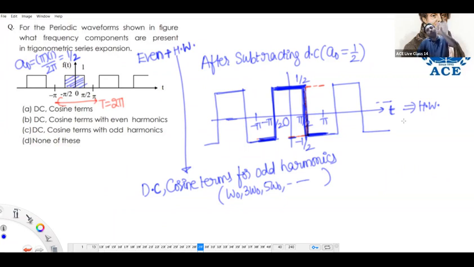Actually, I want to tell one point very clearly. For which type of periodic functions will you have extra DC? Whenever the positive and negative amplitudes are not the same, 100% DC exists. See the sawtooth signal?